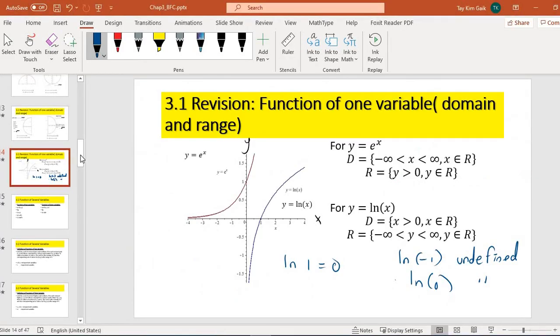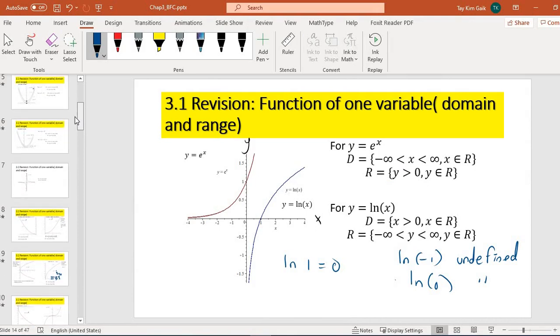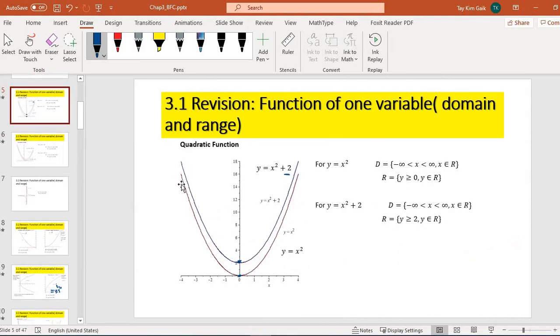Recall back in 2D for your quadratic graph, y equal to x squared, the range is y greater than or equal to 0. For y equal to x squared plus 2, the minimum point shifts from 0 up 2 units, so the range becomes y greater than or equal to 2. This is for the 2D graph.